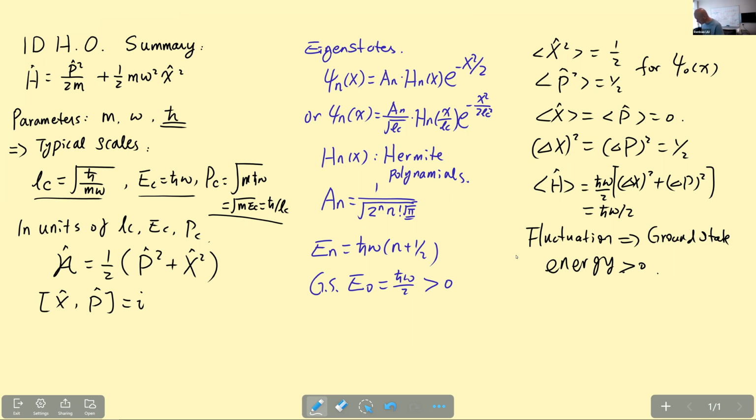So that's basically what we have learned last time. Now we can look at a little bit more features of these states.